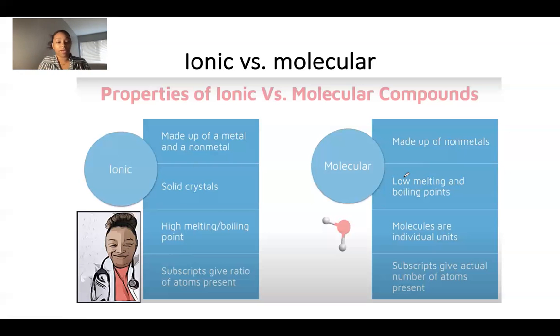Now, usually when we're talking about ionic compounds, we're talking about things that are not easy to break, right? They stick together very tightly, and because the opposites attract and they're binding together, it's a little bit harder to break that bond, right?